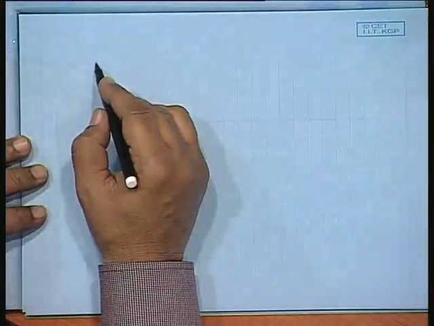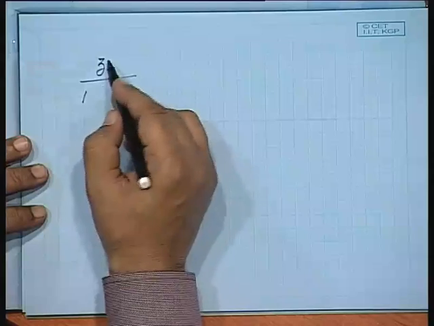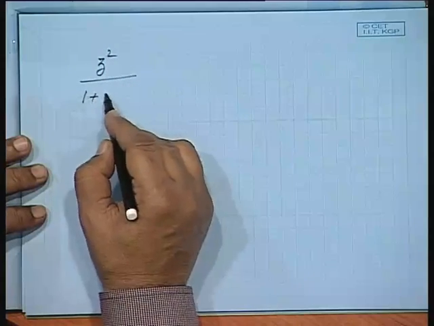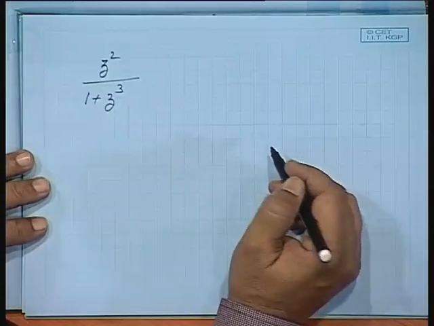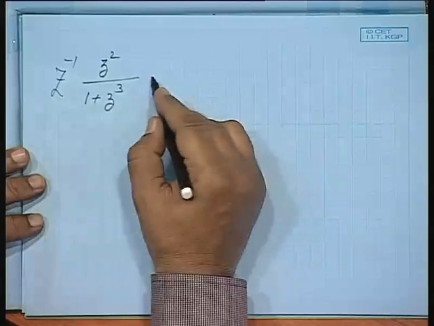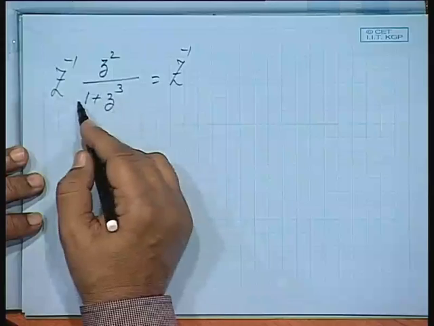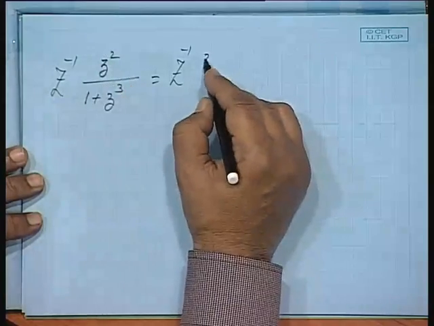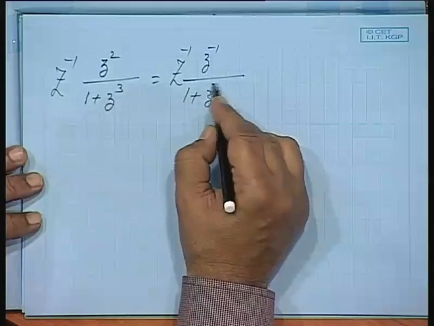Now, let us take z square by 1 plus z cubed. What will be the z inverse of this function? I can write this as, if I take z to the power 3 out from here and multiply by z to the minus 3, z to the minus 1 divided by 1 plus z to the power minus 3.